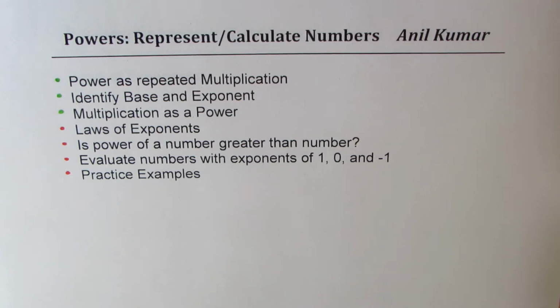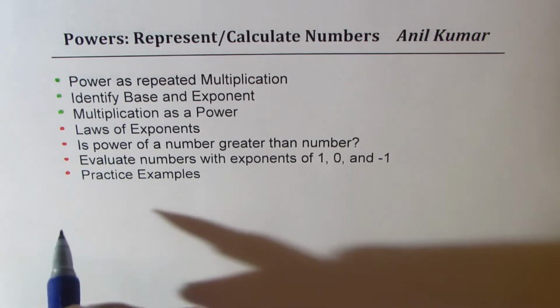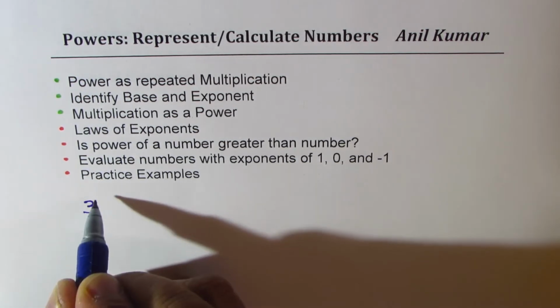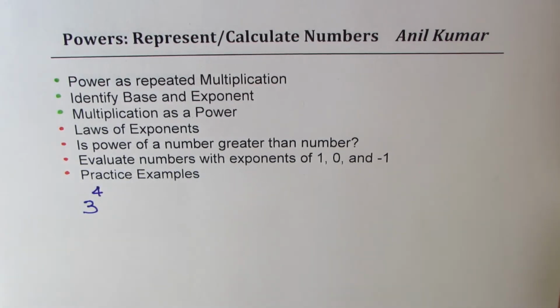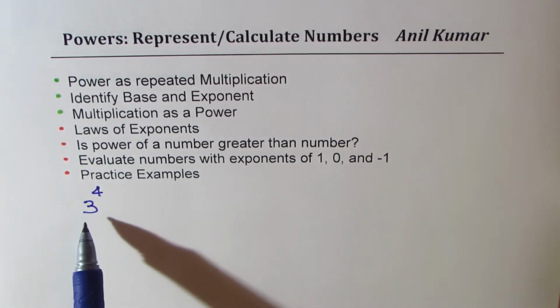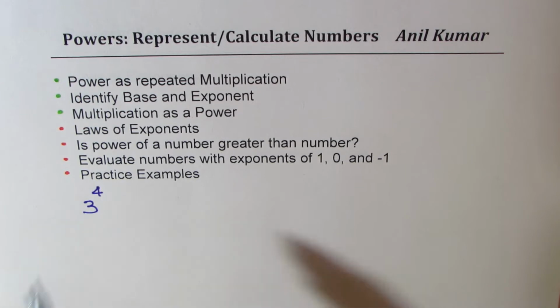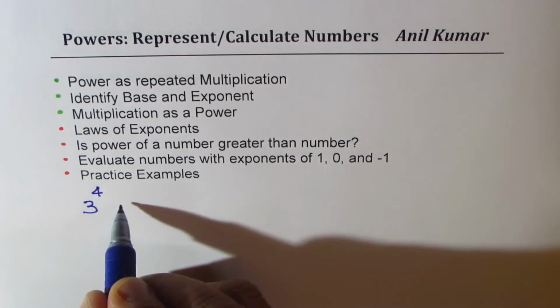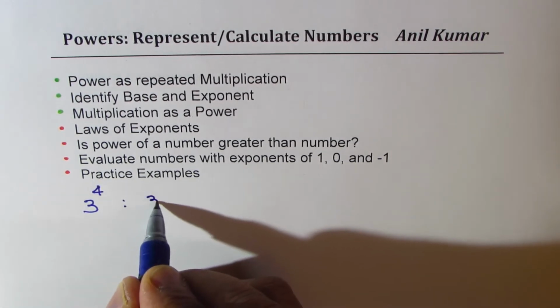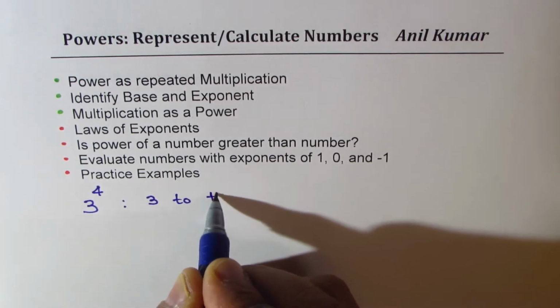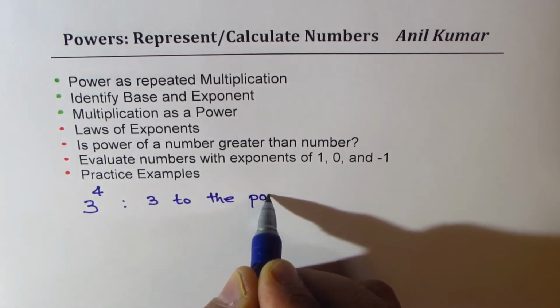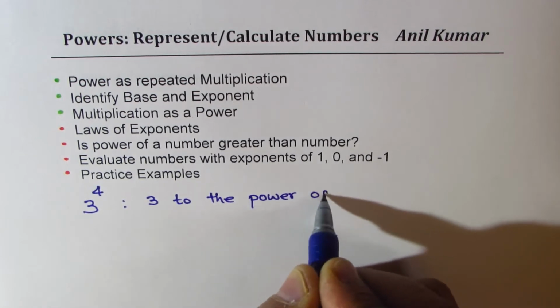I'm Anil Kumar. In this video, we will learn all about powers, how to represent them, and how to calculate the numbers with exponents. So we'll look into numbers like this, 3 to the power of 4. If you see a number written like this, you can read it as 3 to the power of 4.